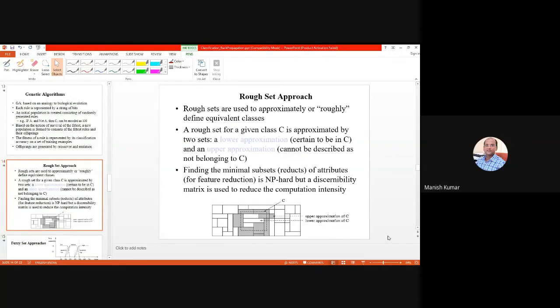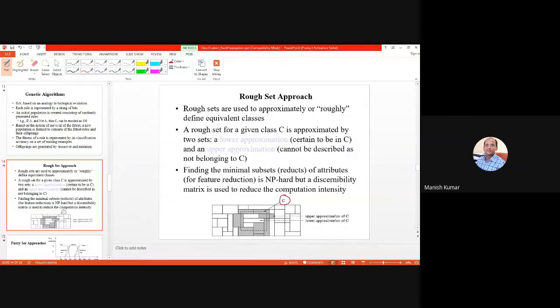The last method, the rough set approach, is actually used to approximately or roughly define the equivalence classes. If you look at this, this is my class.